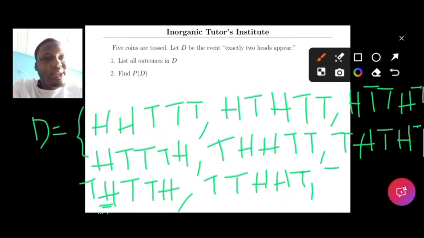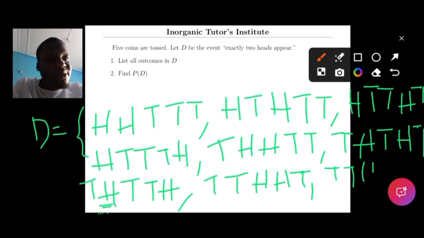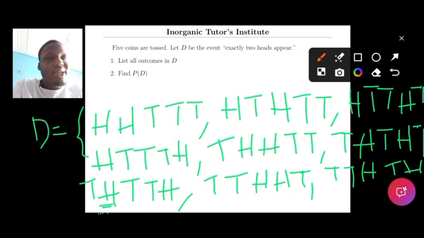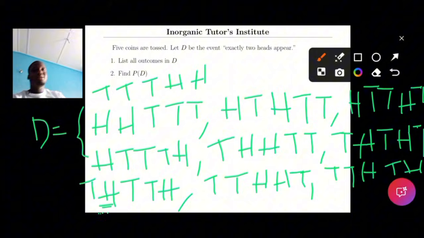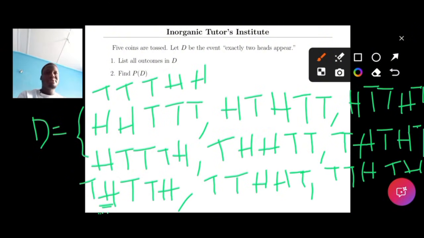Then we have T, T, H, T, H. Now we move the H always at the third position to the fourth. So we have T, T, T, H, H. And that completes the listing.